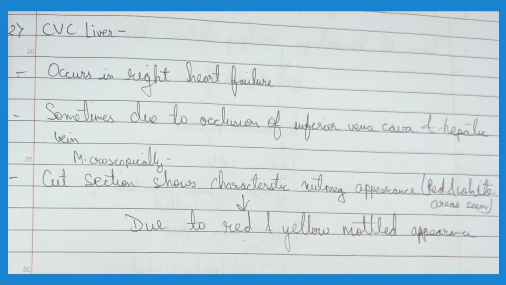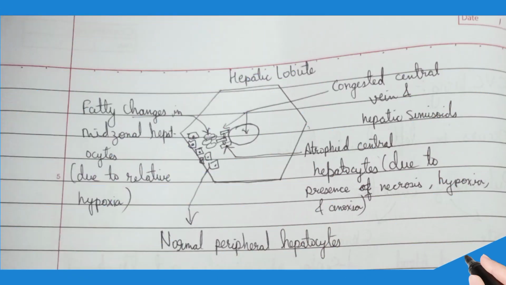Now this diagram is important for exams. In this hexagonal structure, you will see in the center the congested central vein and hepatic sinusoids attached to atrophied central hepatocytes, due to the presence of necrosis, hypoxia and anoxia. The circular structure after that is the fatty change in the mid-zonal hepatocytes due to relative hypoxia. And the rectangular or square structure with a dot is the normal peripheral hepatocytes.